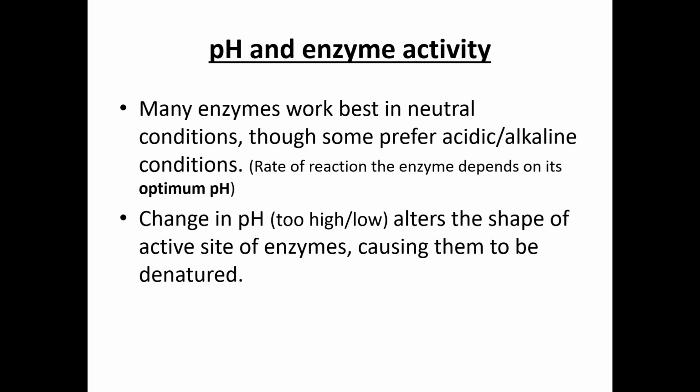So its rate of reaction depends on the optimum pH, which is the particular pH at which the enzyme works best. Next, the change in pH. Whether it's too high or too low, it alters the active site of the enzyme, so it gives you different activity. Firstly, it denatures. We will look more into what denature means.